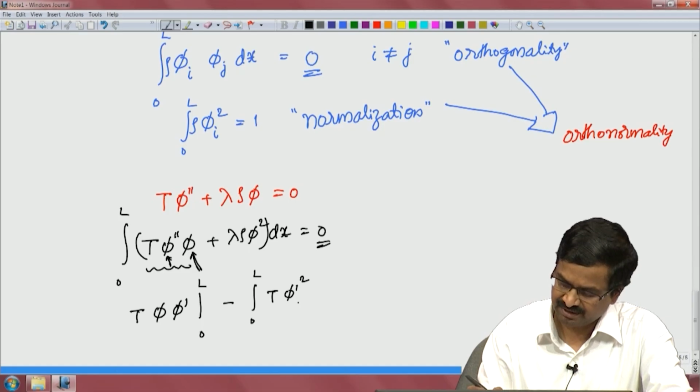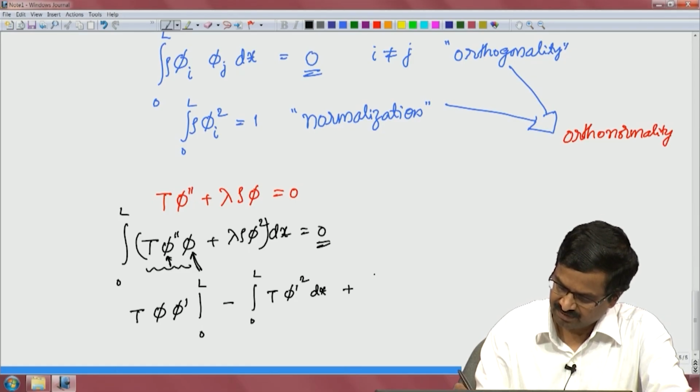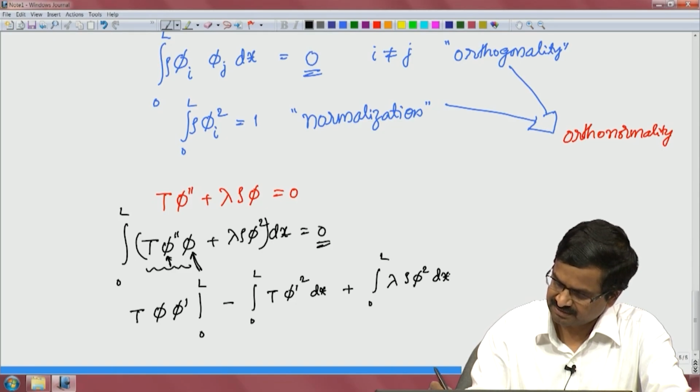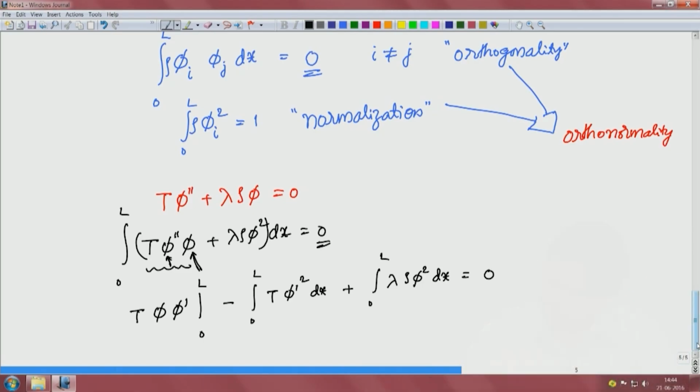So, minus integral of T phi prime square dx, plus the other part, integral 0 to L of lambda rho phi square dx, equal to 0.